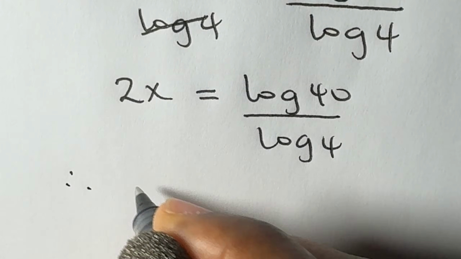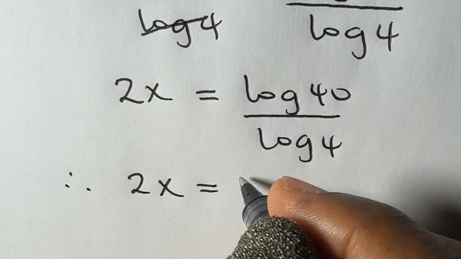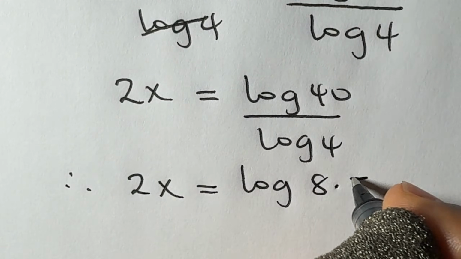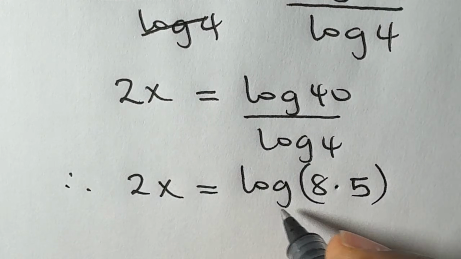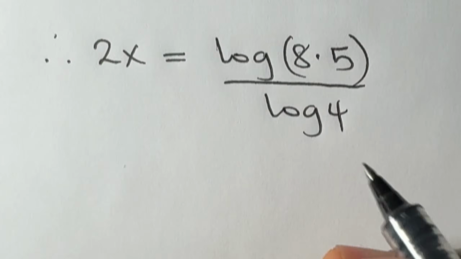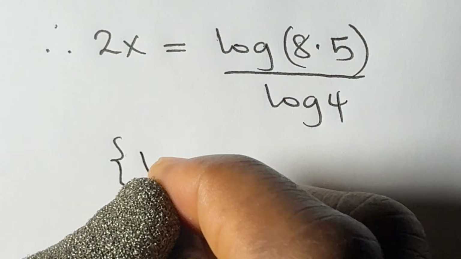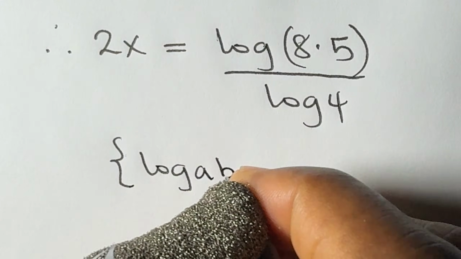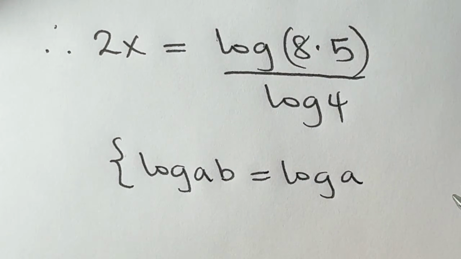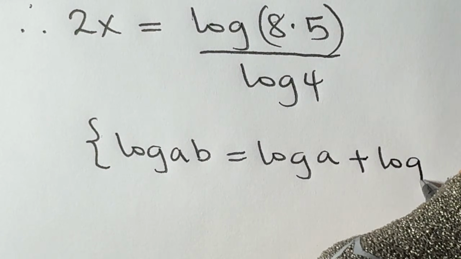Then 2x is going to be equal to, 40 here I can rewrite as log 8 times 5, then divided by log 4. I can separate this product using this law of logarithm. Log a times b is equal to log a plus log b.